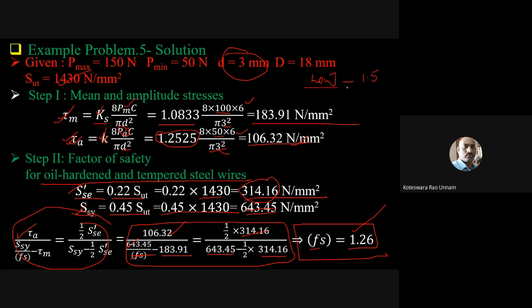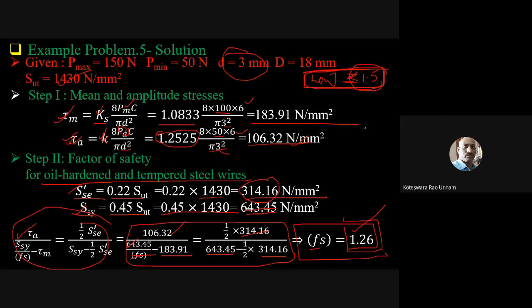The maximum value for the factor of safety is 1.5, or even sometimes less than 1.5. So the factor of safety we got here is 1.26. As per our discussions during the design of springs against fluctuating loads, this is within that range. This value is less than 1.5.